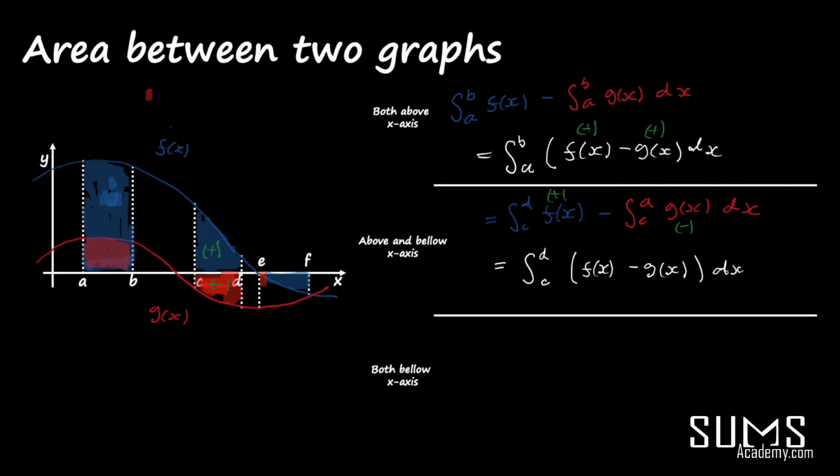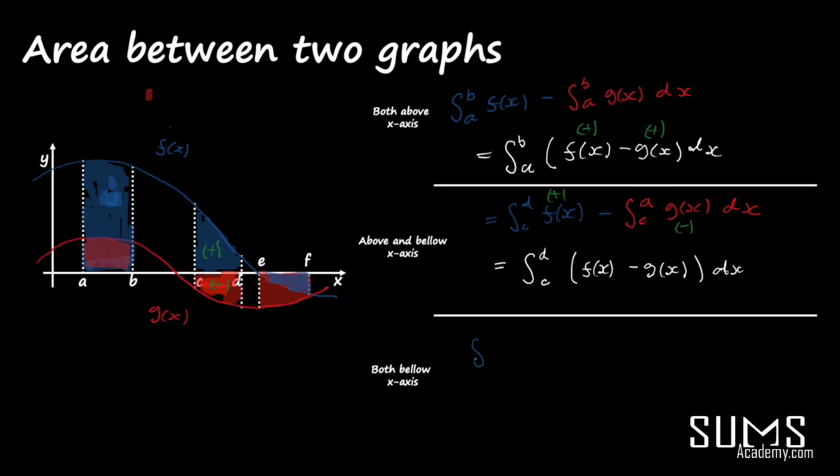This red section of g of x goes from the line all the way to the x-axis, whereas the f of x just covers this little bit here. So whereas before it was the total area minus this one, what we really want is this total area minus f of x. But will that work out that way? Well, let's look at the maths.